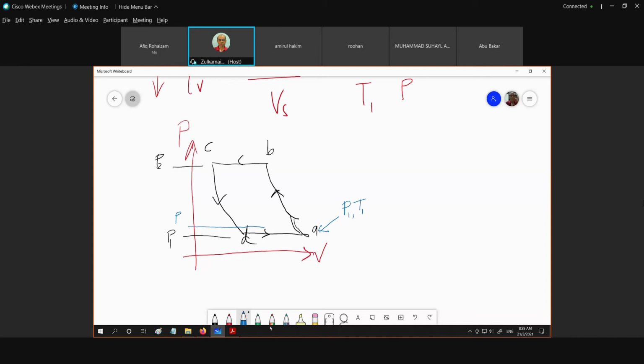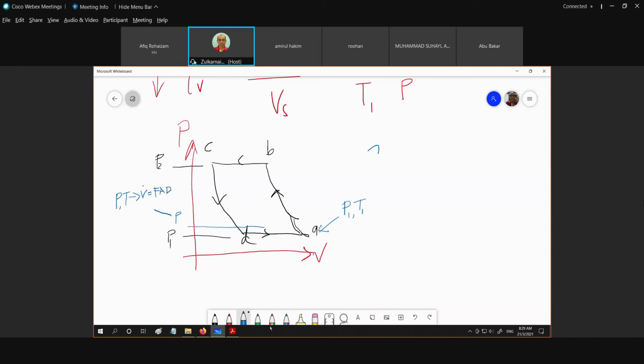Okay, yang ini akan menggambarkan kita punya P and T, which will get our V dot, which is also known as the free air delivery.